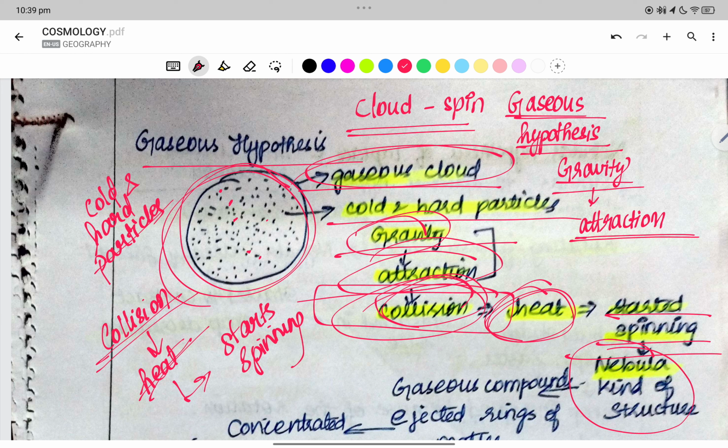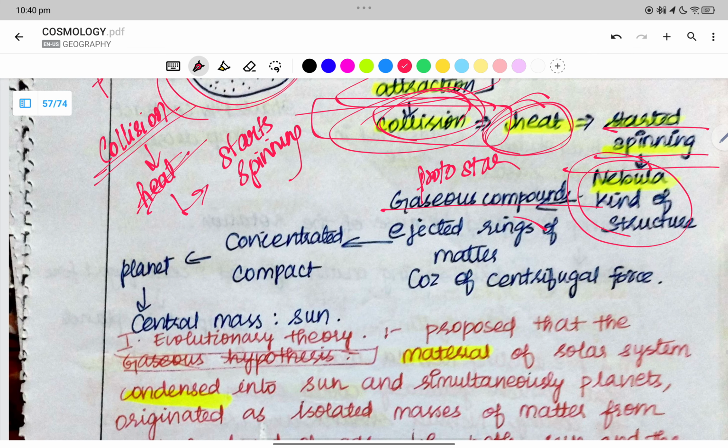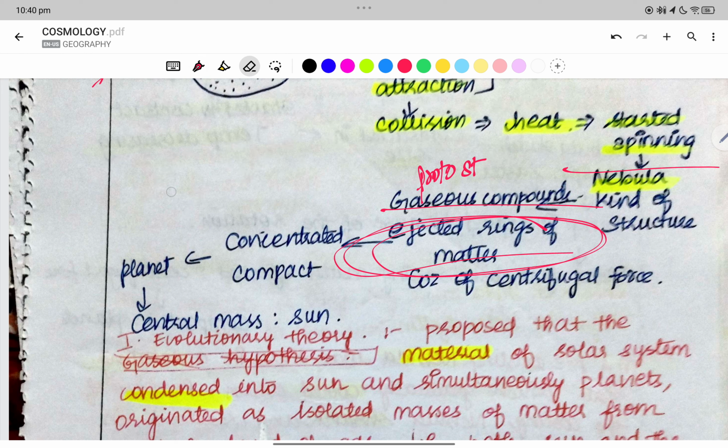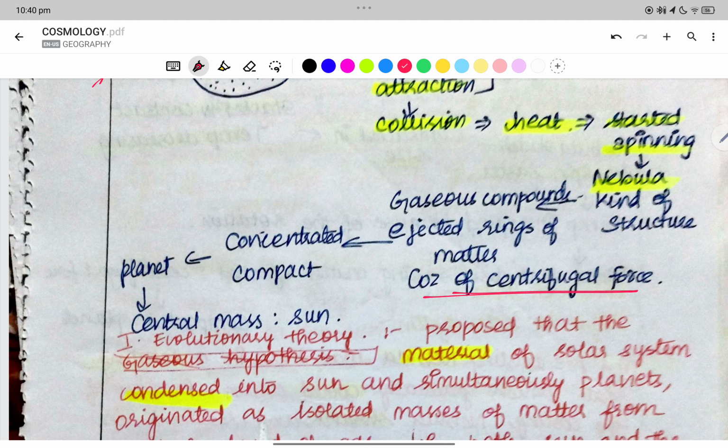Then the nebula is a kind of structure, a protostar. The gaseous cloud ejected some rings of material. Before it forms a star, there is an ejection of rings of matter. This ejection is because of centrifugal force.